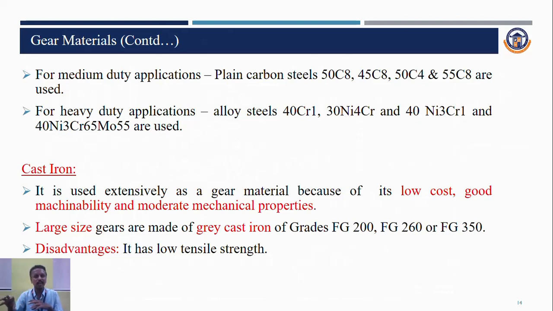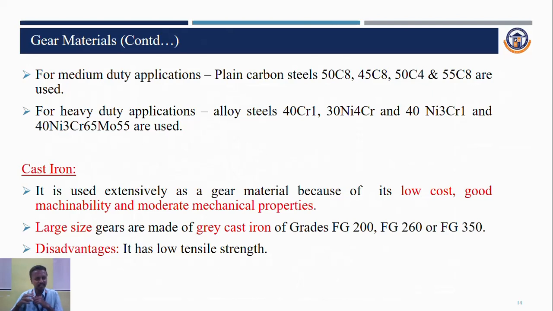So these are the grades of plain carbon steels. For heavy duty applications, alloy steel grades like 40Cr1, 30Ni4Cr1, 40Ni3Cr1 and 40Ni3Cr65Mo55 are used.